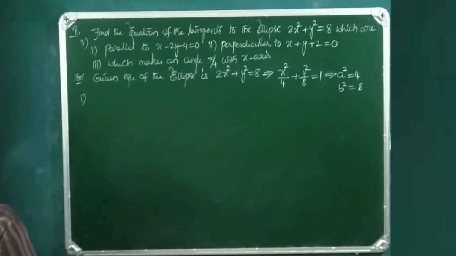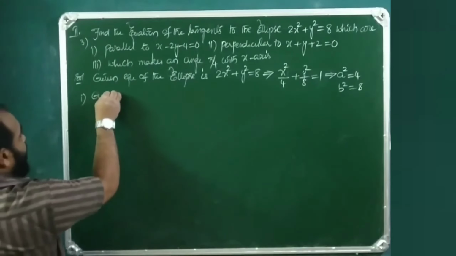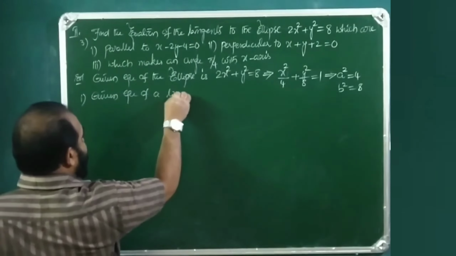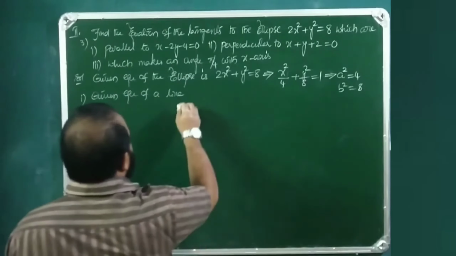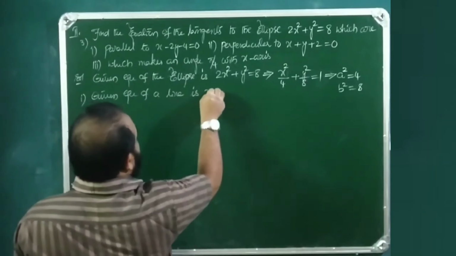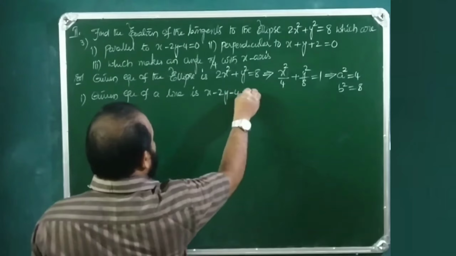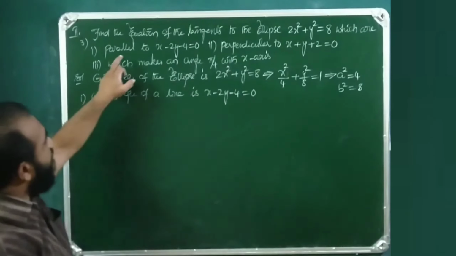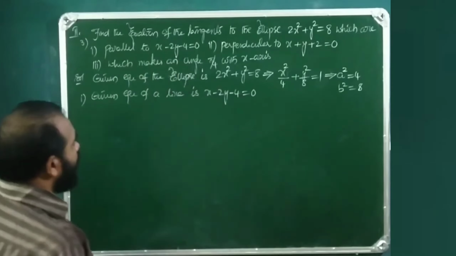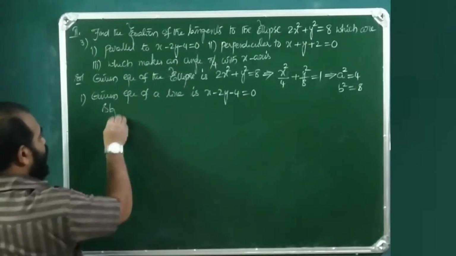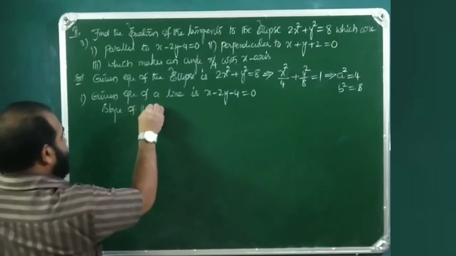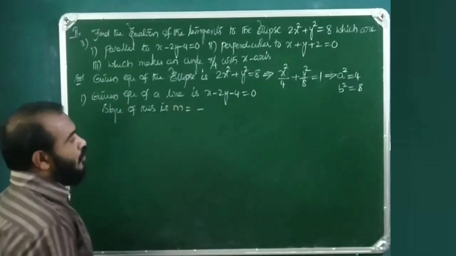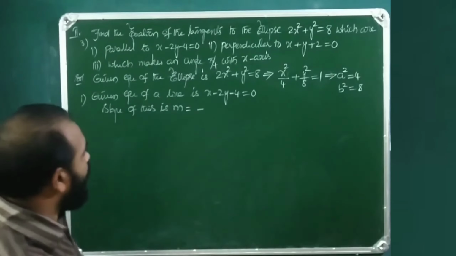So now, first one: the given equation of a line is x minus 2y minus 4 equals 0. We need the tangent parallel to this. So what is the slope of this? Slope m equals minus a by b, minus coefficient of x by coefficient of y.